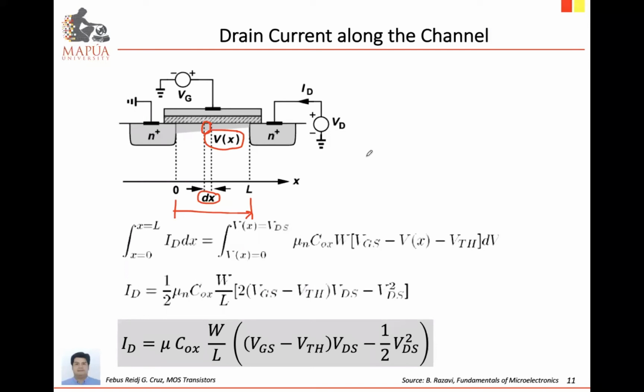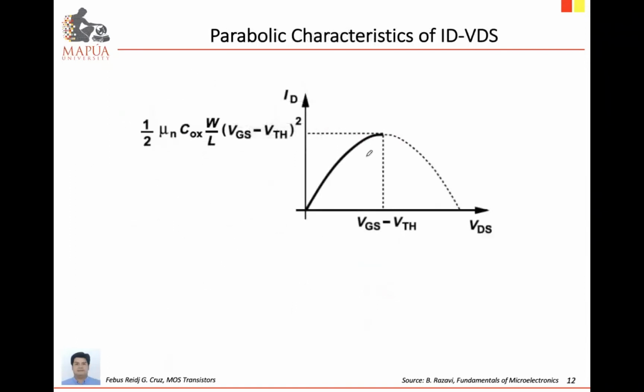Yes po. Okay, thank you. Now, that would be the equation. So you have your ID equal to, what was our formula earlier? Mu Cox multiplied by VGS, W over L, we forgot, no?